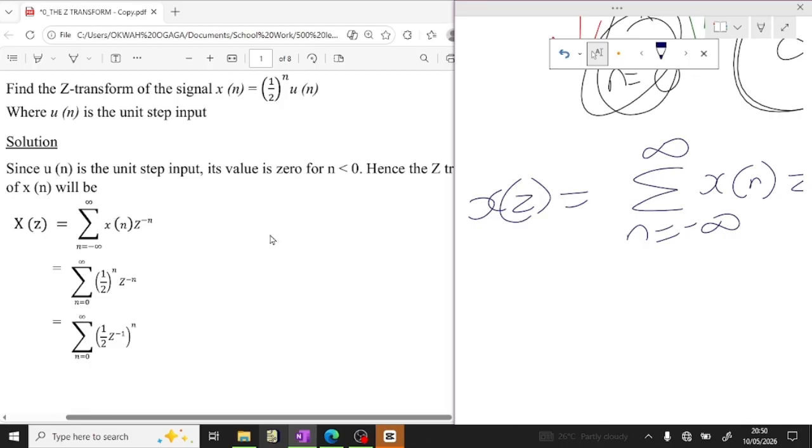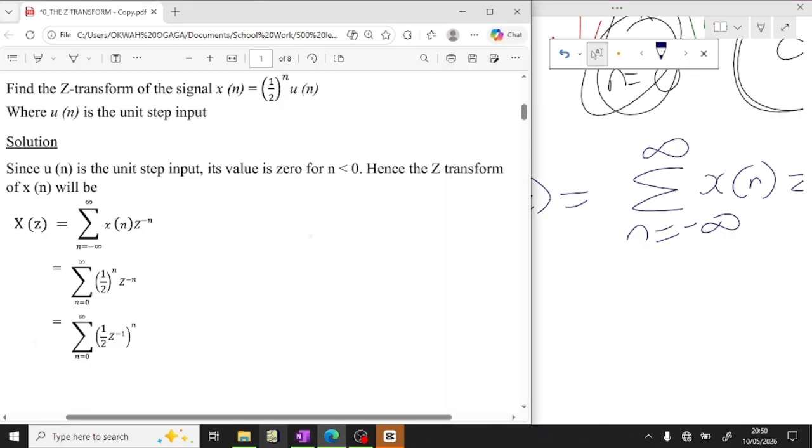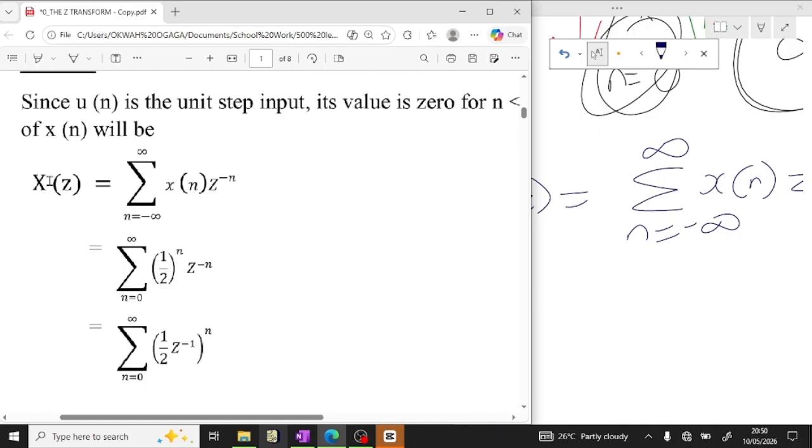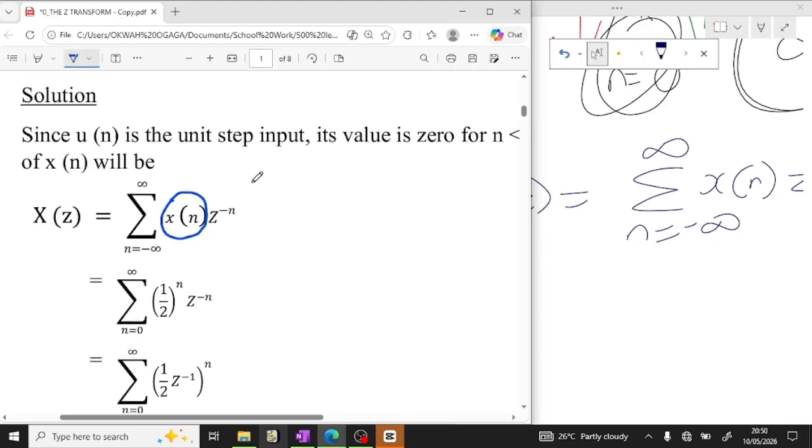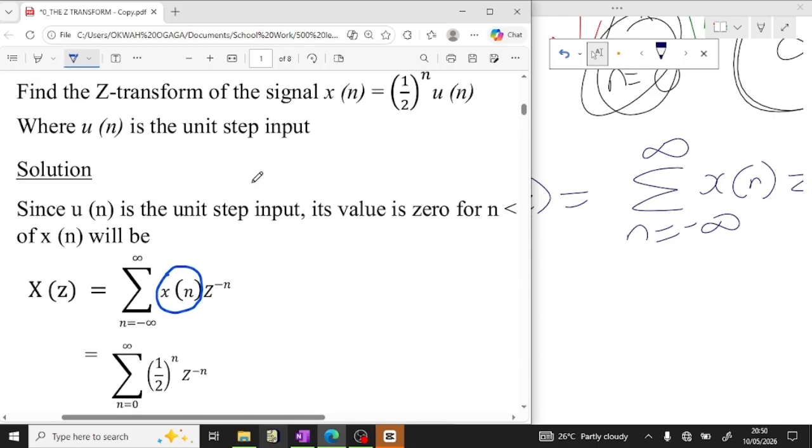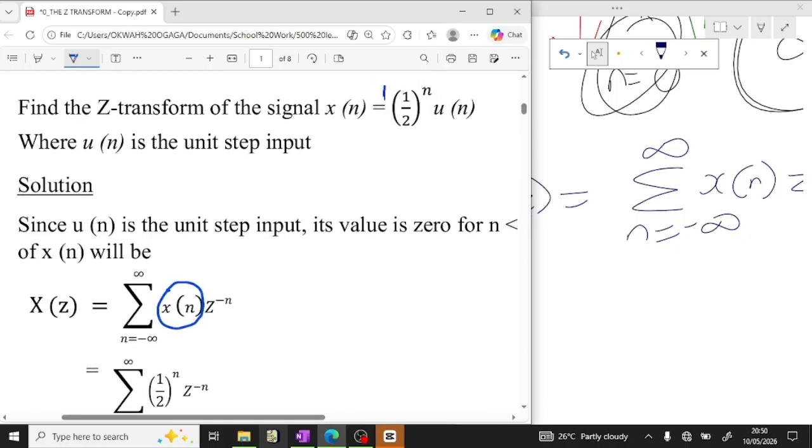So what happens next is this. After writing x of z equals all this, where you have x of n, you now put in this. Are you seeing it? x of n is this.